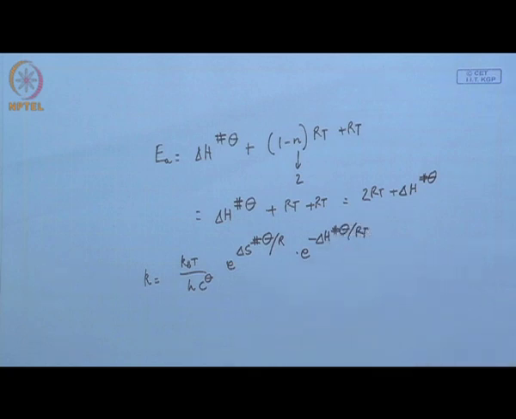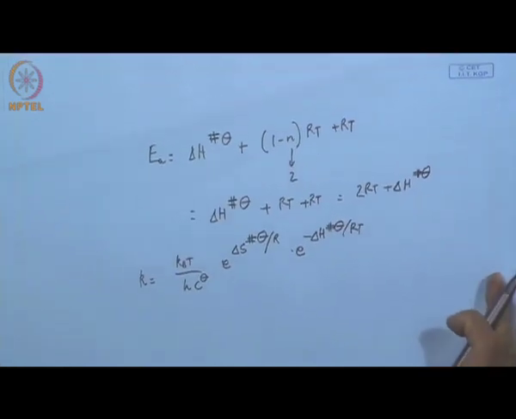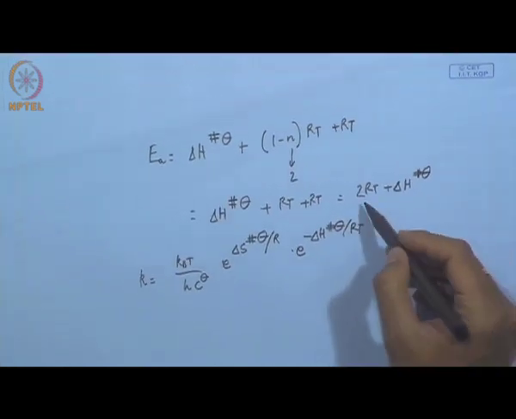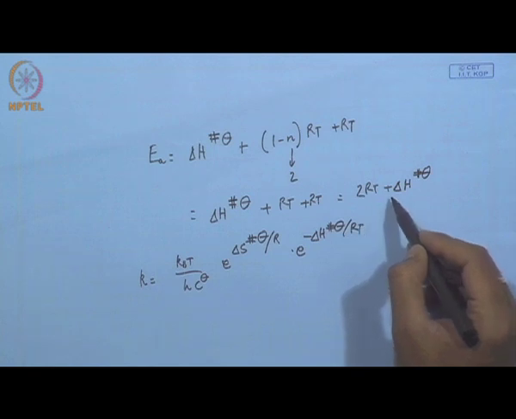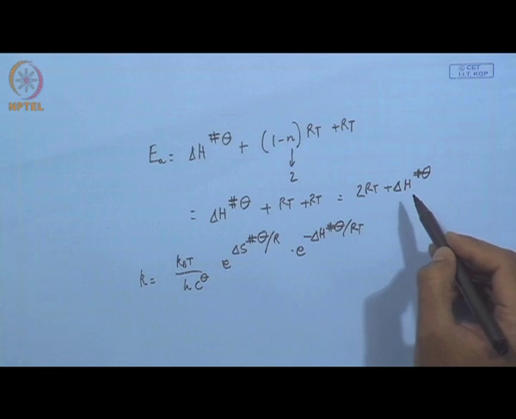This is your expression for k. Okay. So, what we have to do is plug in this appropriate expression. Since it is 2RT, additional e to the power 2 terms will come into the picture.